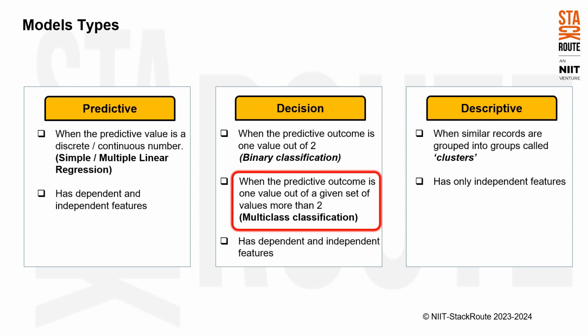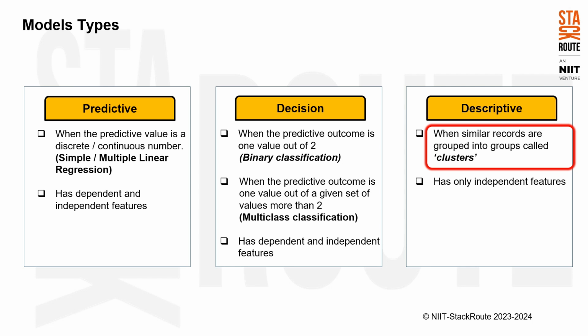And finally, we have a descriptive model where there is no prediction involved. I'll be grouping the data into clusters, and the clusters are formed based on similarities. So two records that are similar in nature based on the features are grouped into something called clusters.